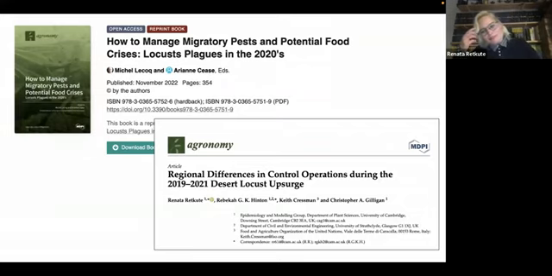Another part of my work was to look at the control operations, and this has now been published in this book, in a special issue on how to manage migratory pests and potential food crisis. In this paper, again, we looked at the regional differences in control operations.